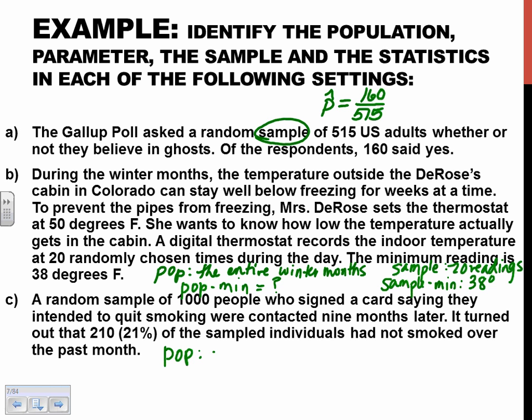Your population would be all people who signed the petition, or whatever it was, the contract. Your sample, in this case, are the 1,000 people who signed.